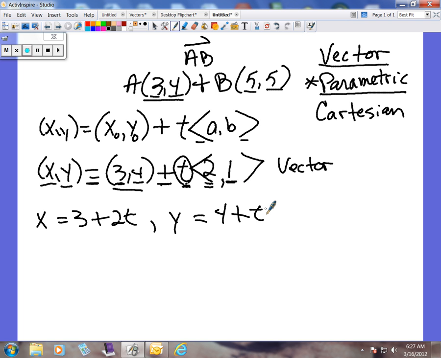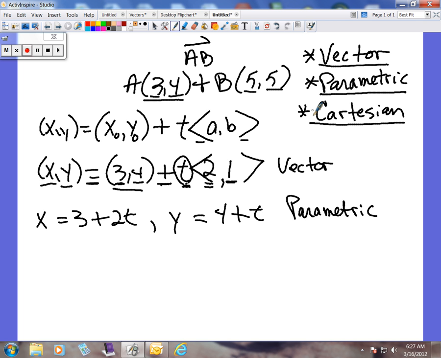And this is our parametric equation. Now, that's pretty straightforward, pretty simple. So we've done our 2 here at the top. Now we want to write it as a Cartesian. That means in terms of x and y. So we have to get rid of the t's here.